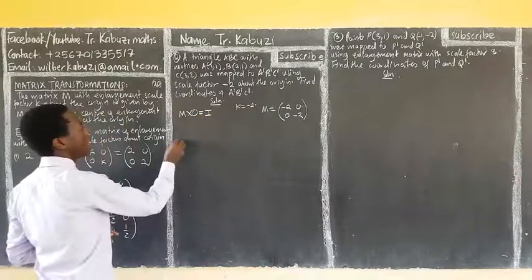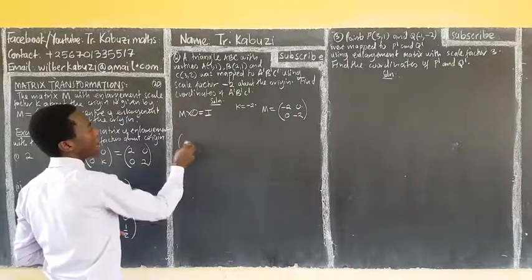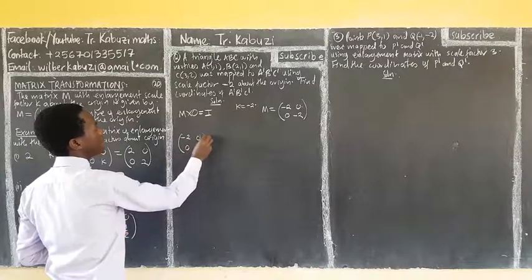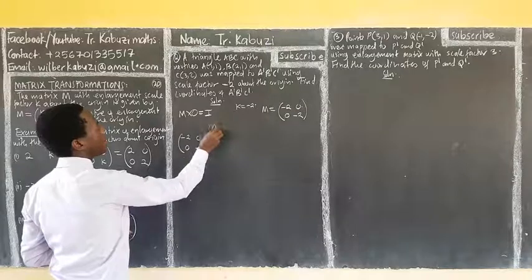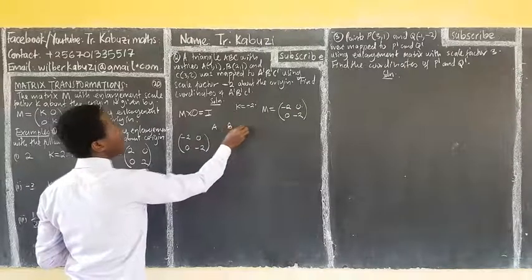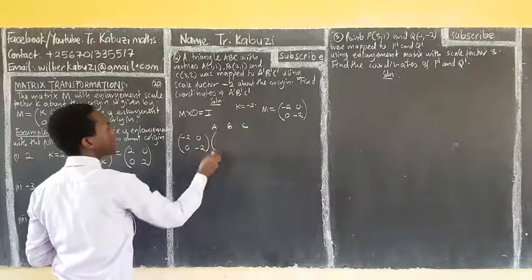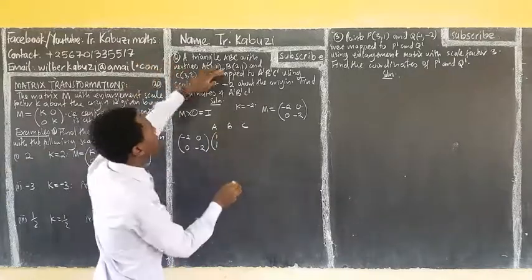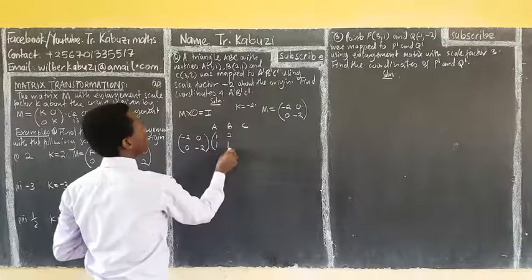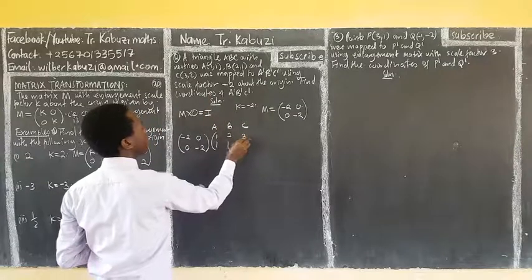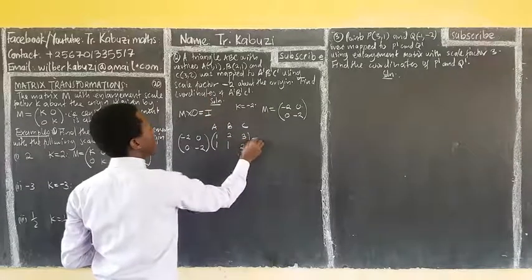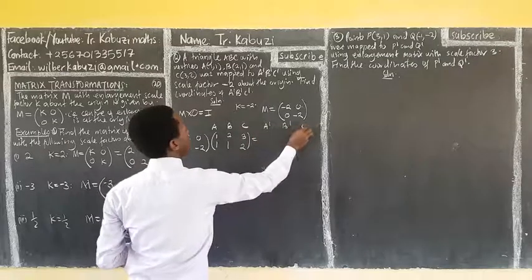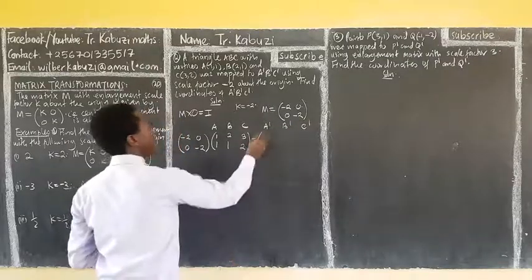The matrix negative 2, 0, 0, negative 2 times the objects A, B, and C. These are objects. My A is 1, 1, then my B is 2, 1, then my C is 3, 2. When I multiply these two, I will get A prime, B prime, then C prime, in that order.